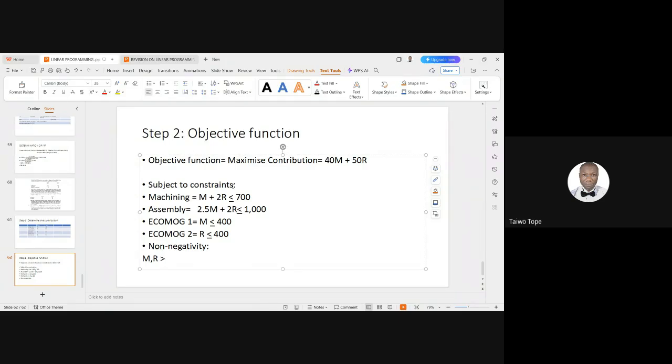You are expressing the products. What are the products? Maso and Russo. So you cannot produce a negative. So M and R will be greater than or equal to 0.